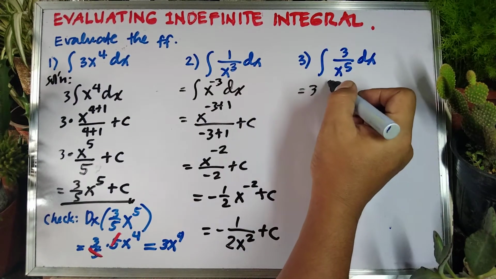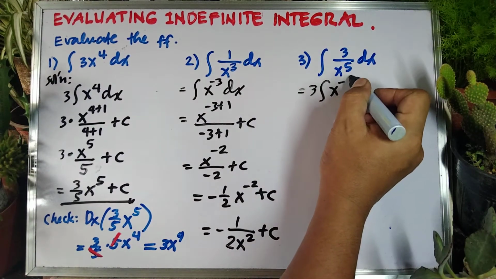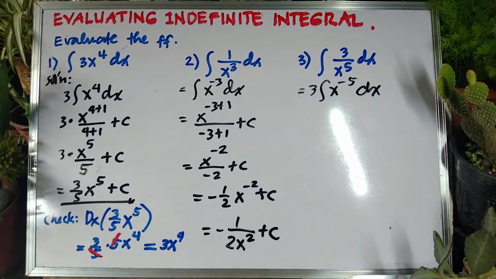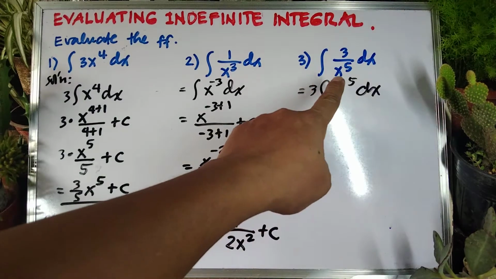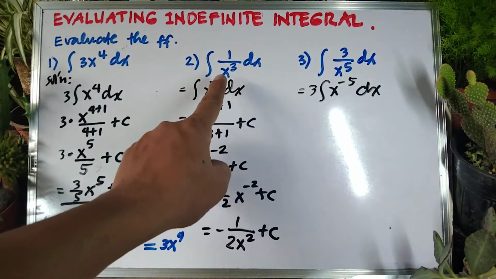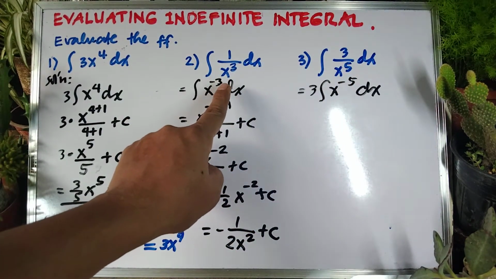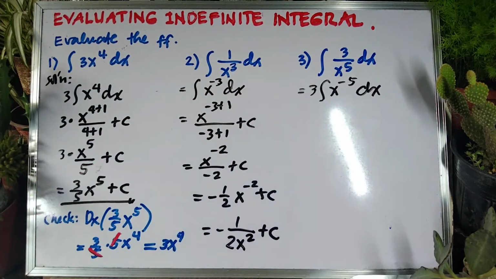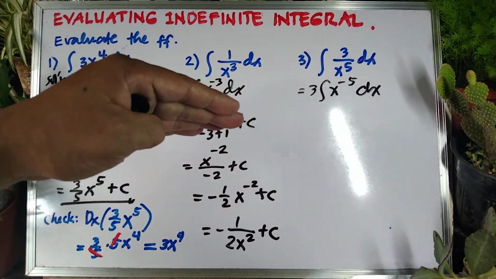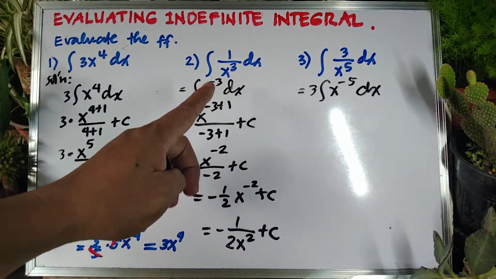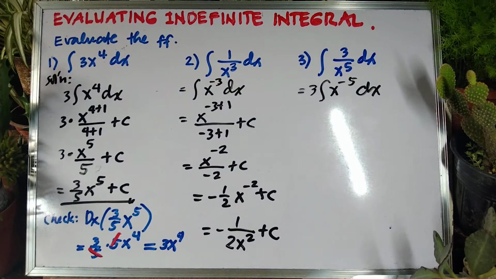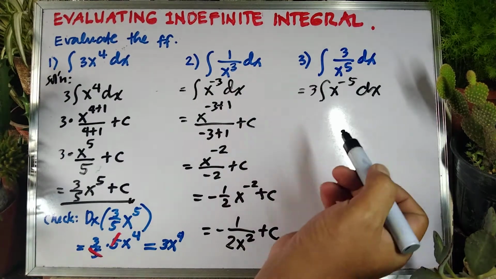We have 3 integral of x to the power of negative 5 dx. Inakyat lang natin si x to the 5th doon sa ibabaw. Naging negative yung mga exponent nila, kasi wala pang formula on how to integrate this type of examples.